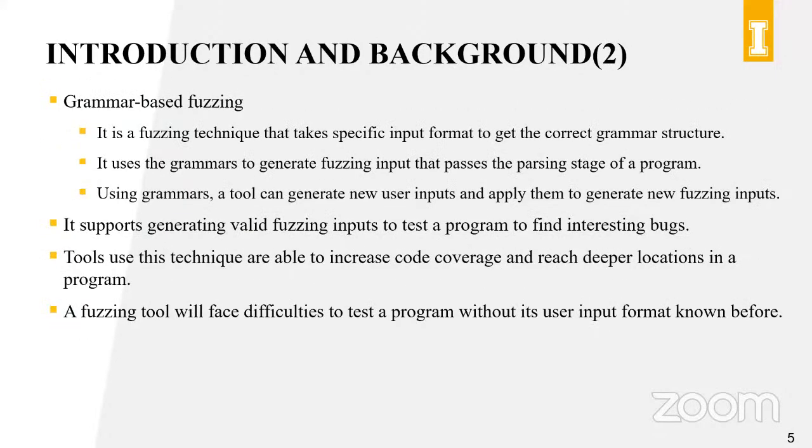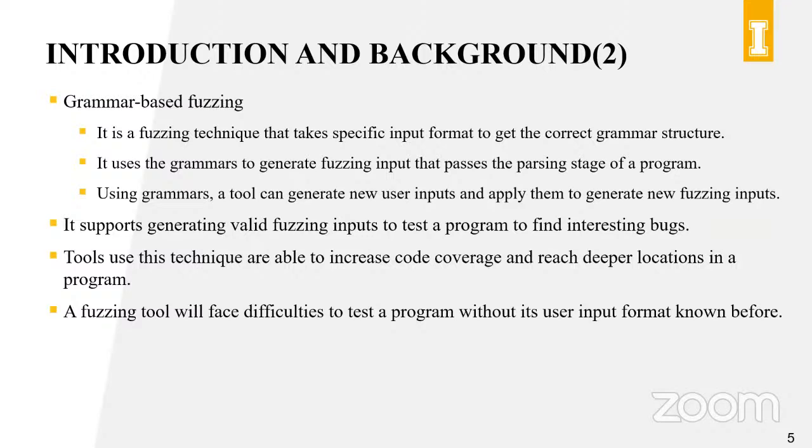So we have many types of fuzzing based on the methodology. There are symbolic execution and dynamic testing, but we are focusing here on grammar-based fuzzing, which uses grammars extracted from the sample input to test the programs.